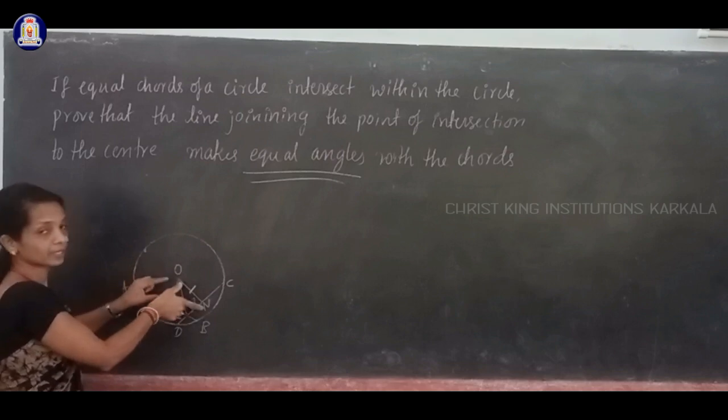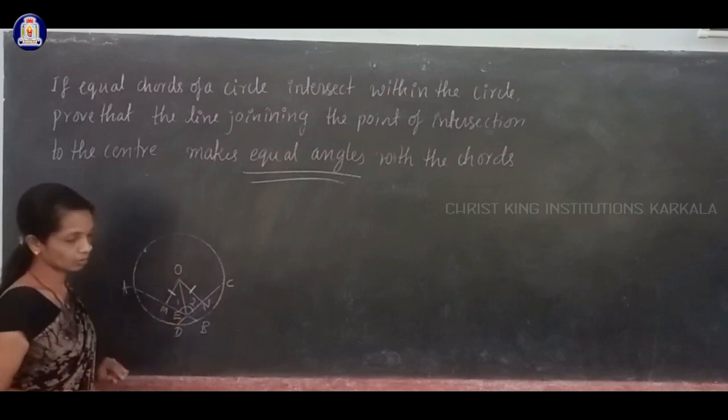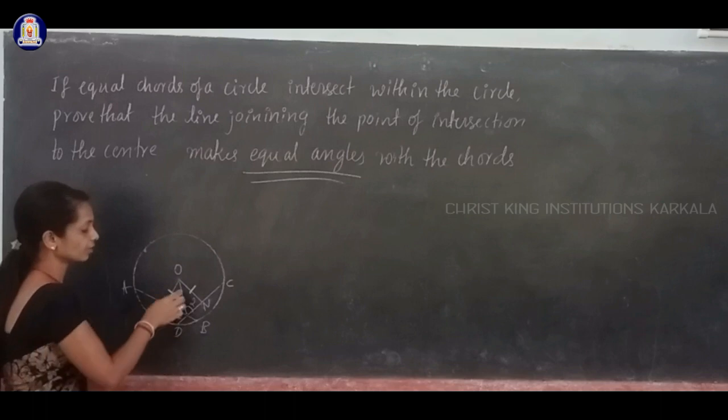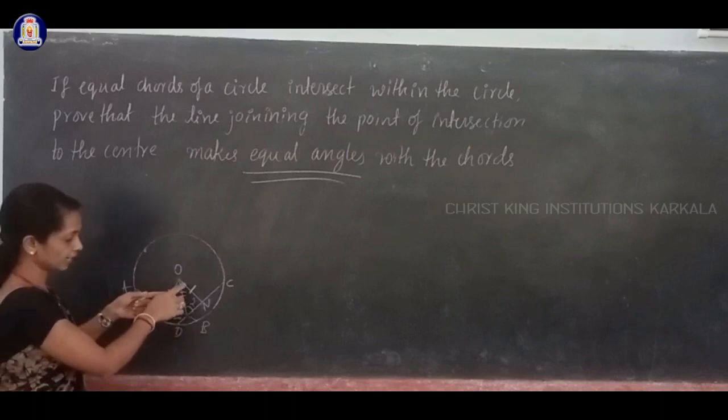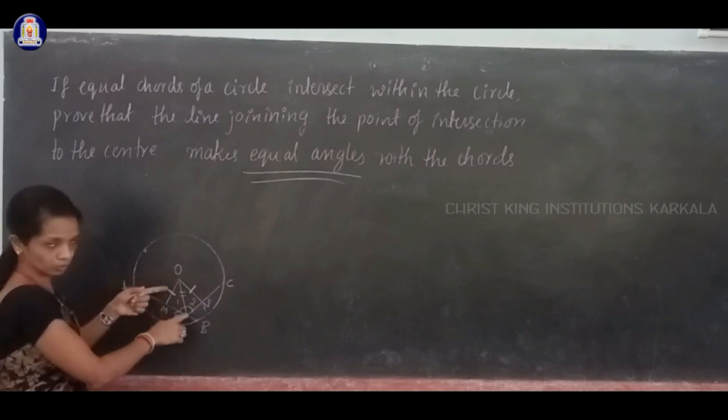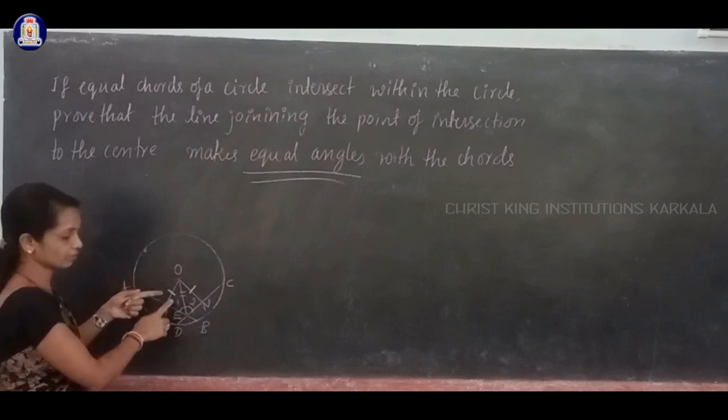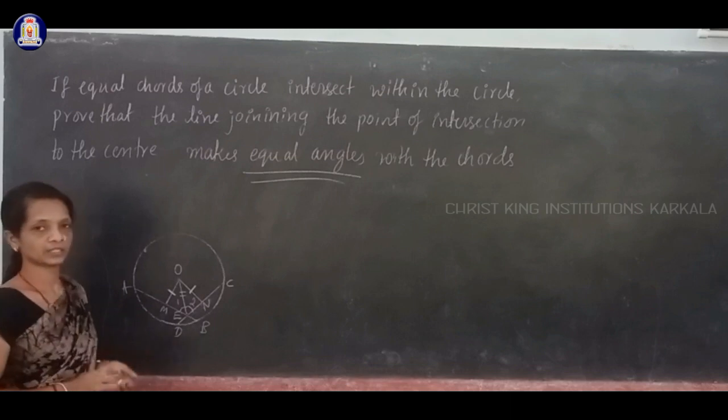So by theorem number 6, OM is equal to ON, and you can see here one side that is common to both triangles, that is OE. The OE side belongs to the left side triangle as well as the right side triangle.